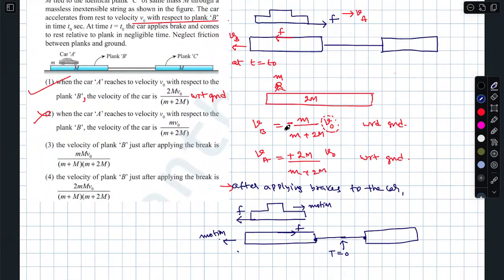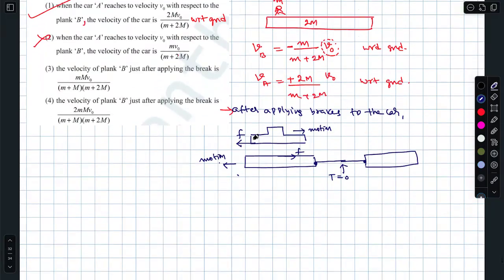At time t equal to t naught, the car applies brakes and comes to rest relative to the plank in negligible time. No time. Suddenly it happened.